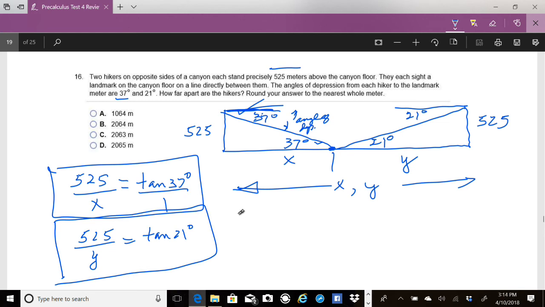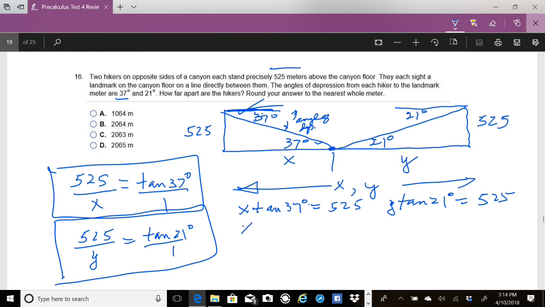Notice that, cross multiplying, x times tangent of 37 degrees equals 525, and y times the tangent of 21 degrees is equal to 525.